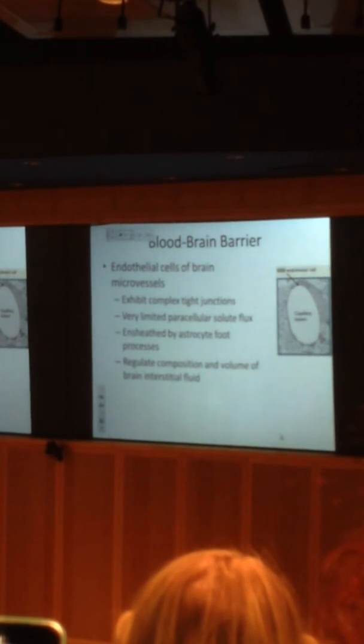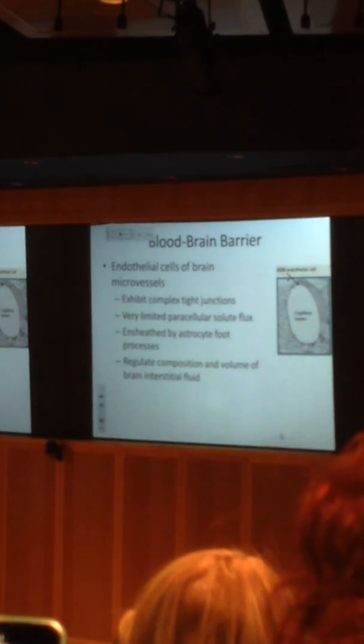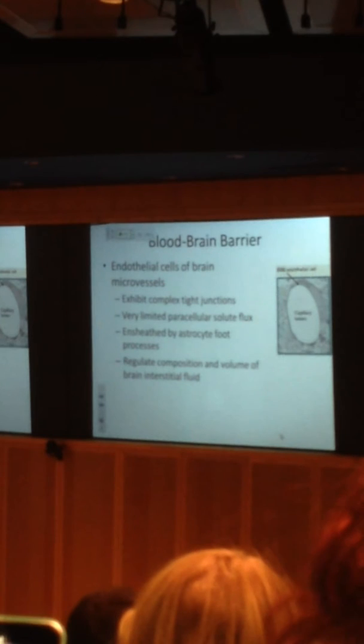Astrocytes are actually a very important part of the blood-brain barrier. However, not every part of your brain has astrocytes present. Even though they have a blood-brain barrier, some areas do not have astrocytes. This is just a point of interest, but astrocytes are historically thought to be important for the blood-brain barrier, and I will talk a little bit about how it works.